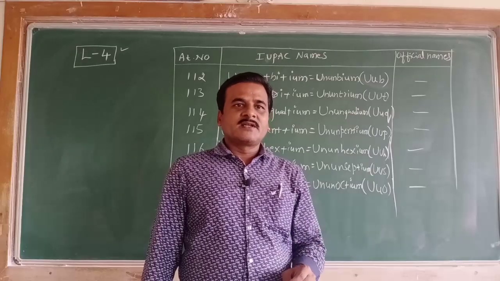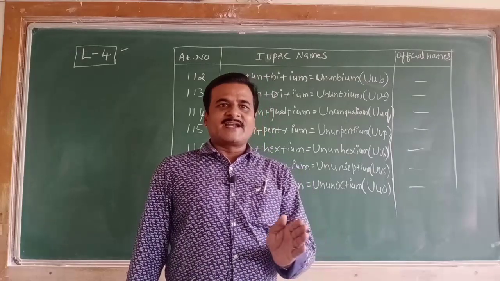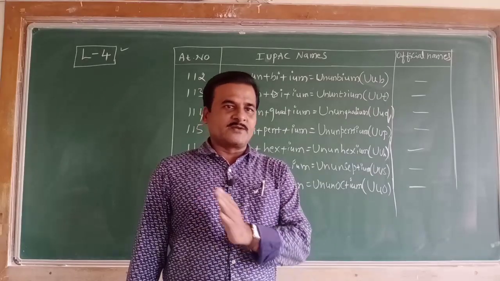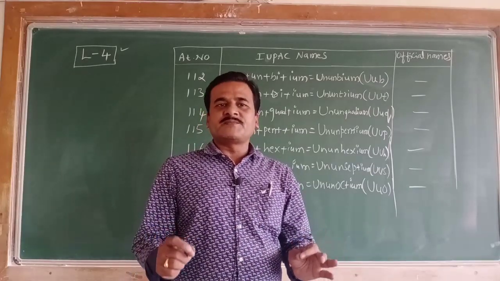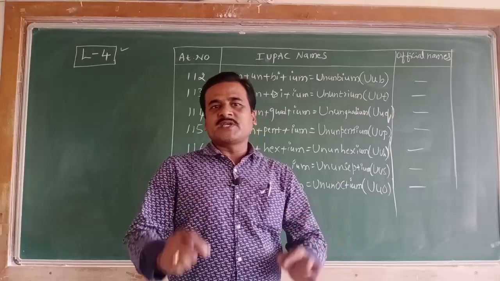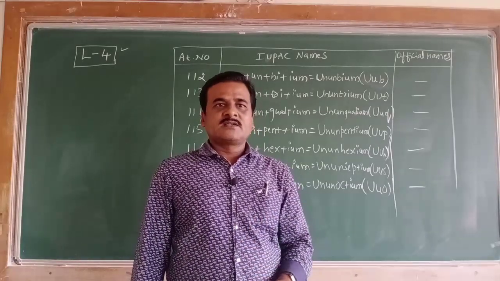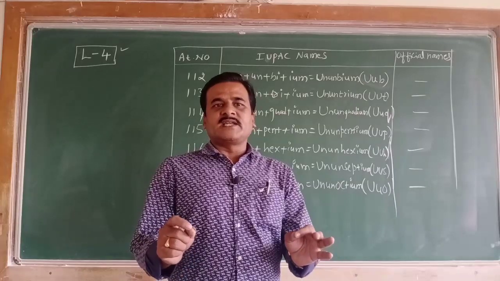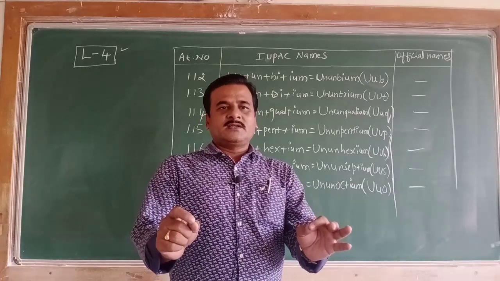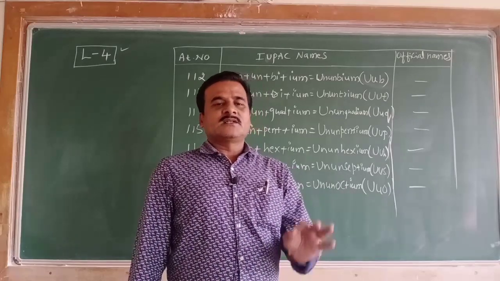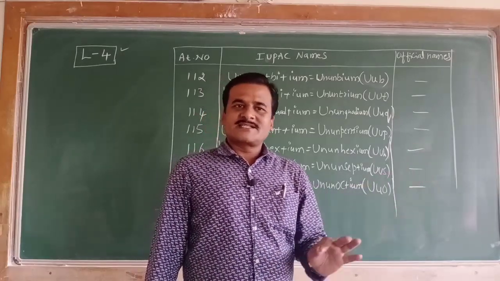Again I repeat, till atomic number 111, the official names were given by the IUPAC system. From 111 onwards, the official names are yet to be given. It is still under study.